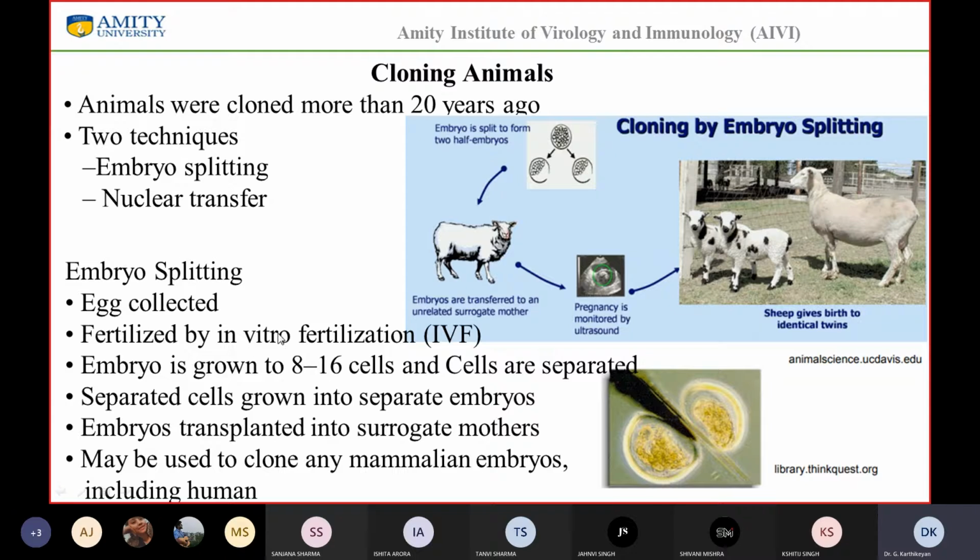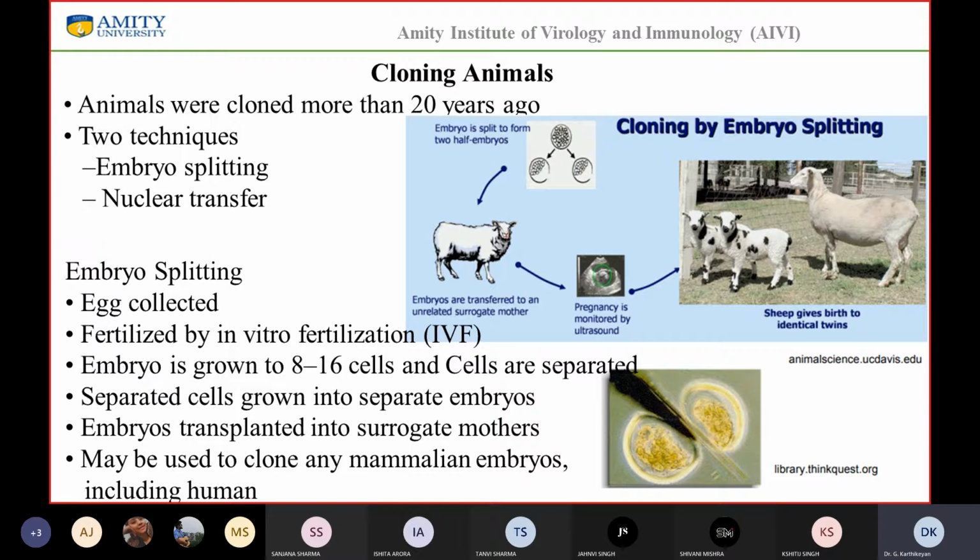In reality, how embryo splitting happens is that the eggs are collected and fertilized by in vitro fertilization, which means it happens under laboratory conditions. The embryo is grown to 8 to 16 cells, and then the cells are separated. Depending on whether it's an 8 cell or 16 cell stage, each of these cells has the potential to grow into a whole embryo.